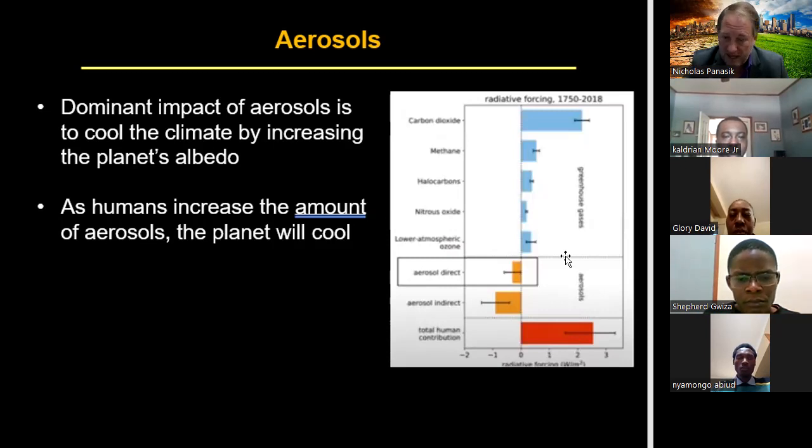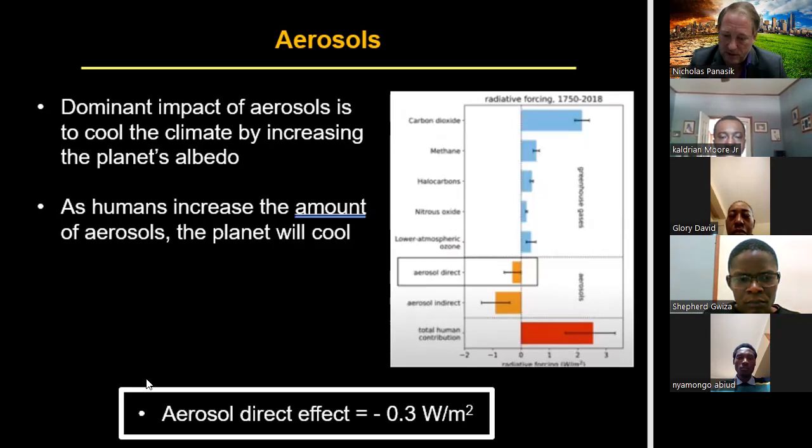And so if you look at just this direct effect from aerosols, I'll talk about indirect effects later, we're talking about negative 0.3 watts per meter squared.